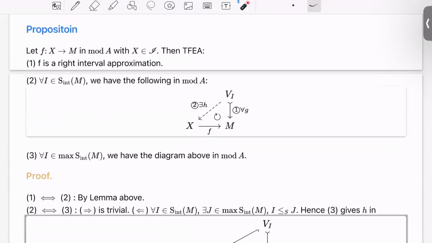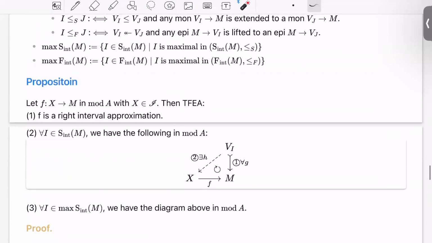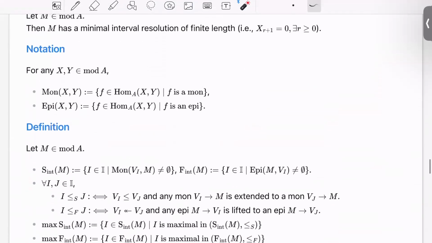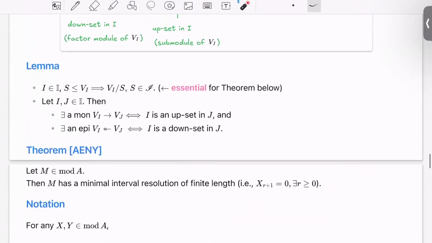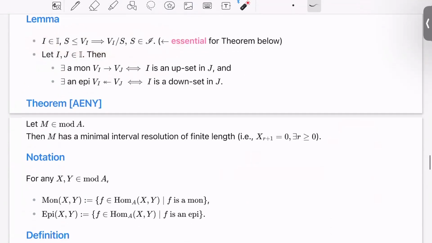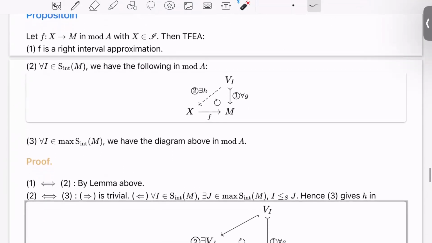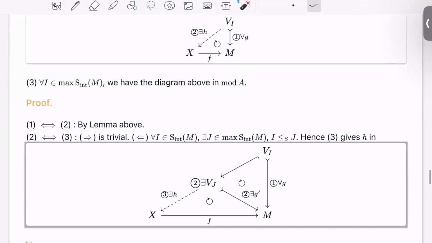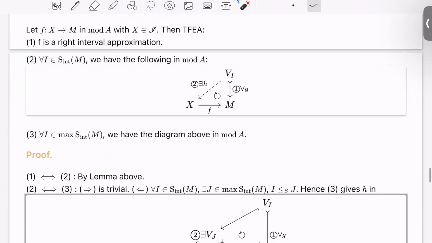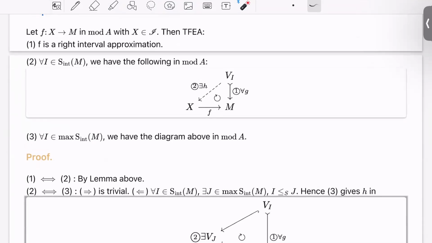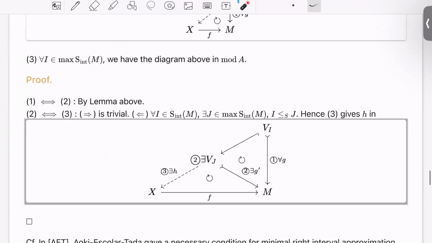And 1 to 2 follows by the lemma above. 1 to 2 is given by this property very easily. And then 2 and 3 is almost trivial. 2 to 3 is trivial, and 3 to 2 is again very trivial.